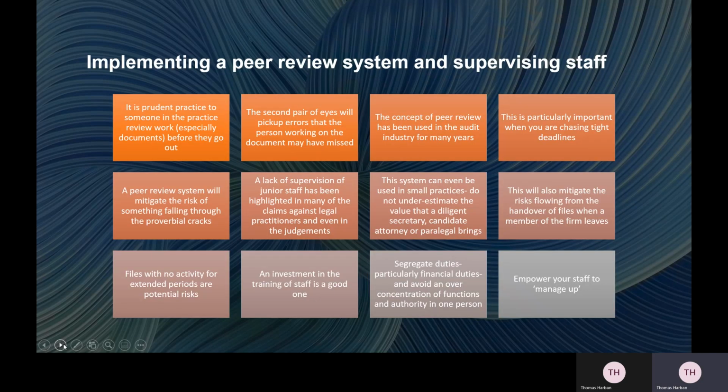When you go on to a peer review system and supervision, the idea of a peer review system is one which we've taken from the audit environment. For many years, auditors had a system, in most of their firms, that no audit report would go out to a client unless another partner peer reviewed it.